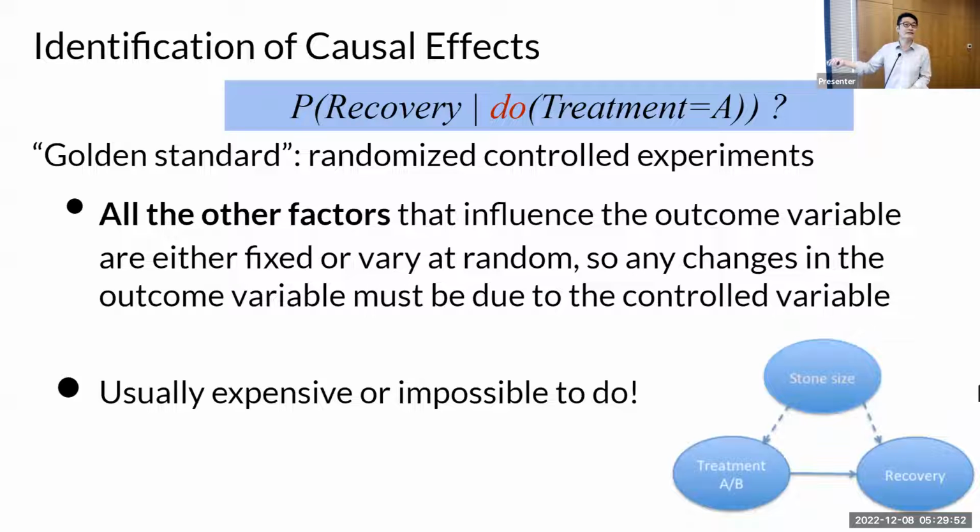There could be a lot of hidden features. You don't even have access to them. How can you guarantee that they have the same value or the same distribution? That's one problem. Second, even if you can do so, you can see the difference and measure the causal effect, but you may not have a concrete description of the causal mechanism regarding how treatment influences recovery.